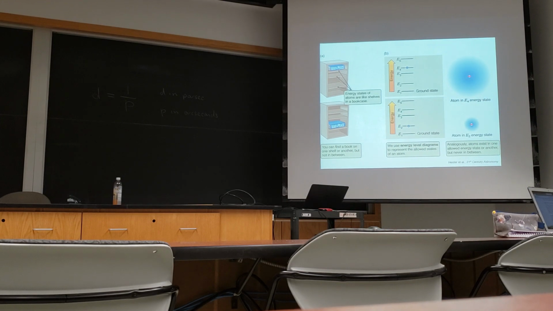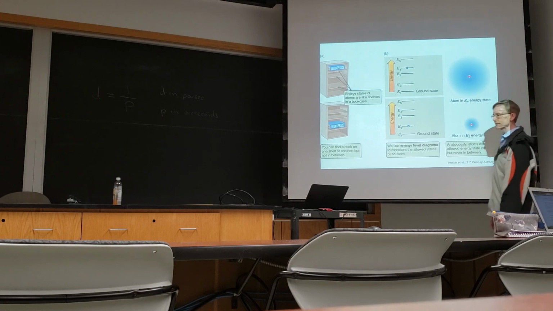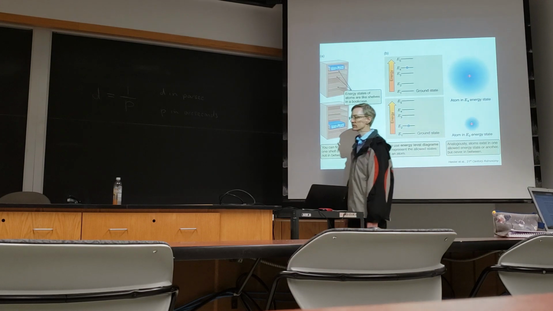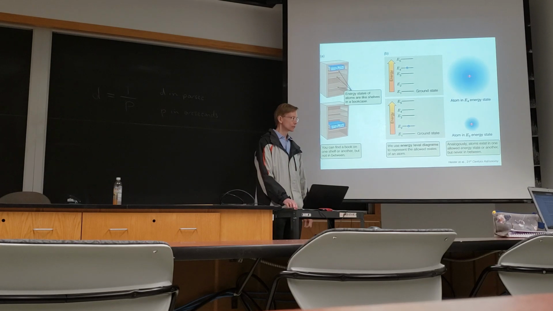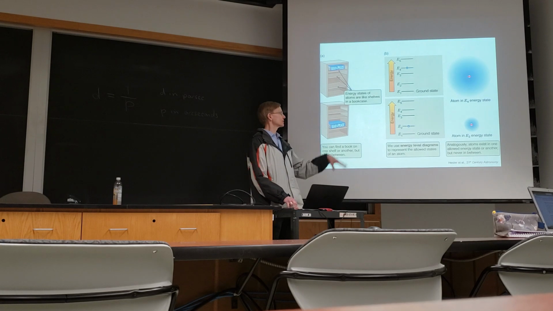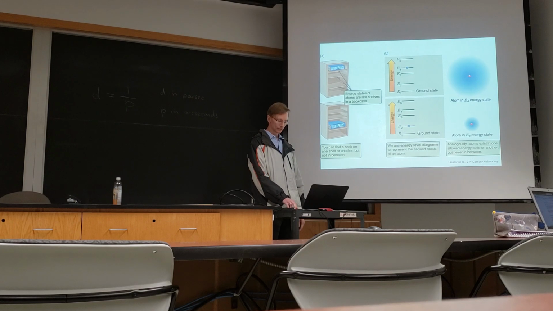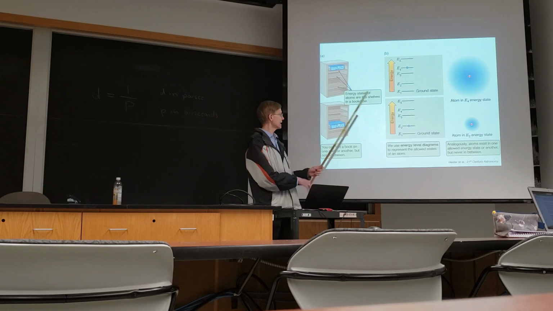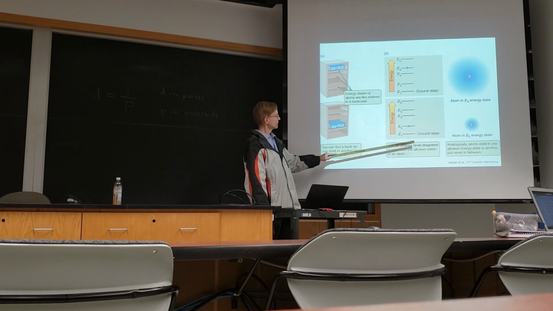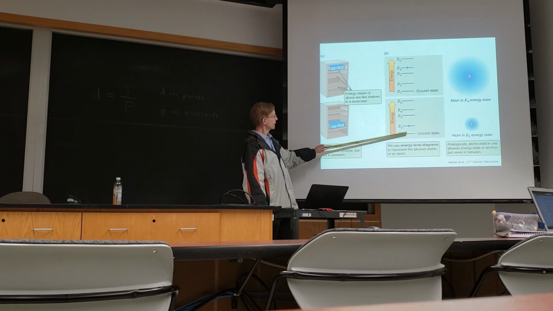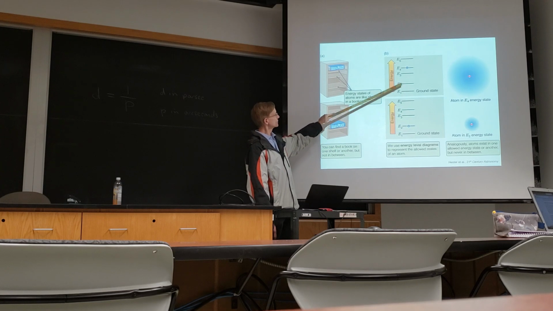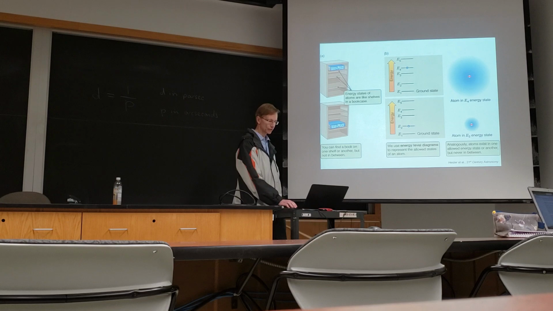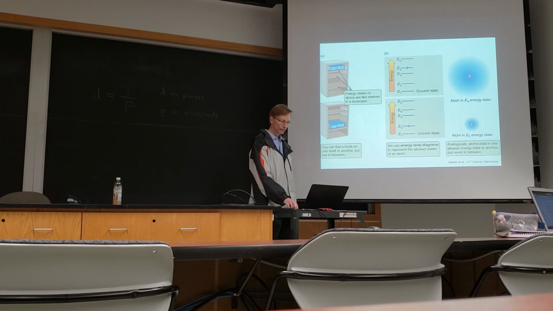Similarly, in an atom, the electron is only allowed to have certain energies, not just any old energy, because it's only allowed to have certain wave function shapes around the nucleus. And we can represent that with an energy level diagram where we just draw a horizontal line of various heights to represent the energies that the electron is allowed to have.